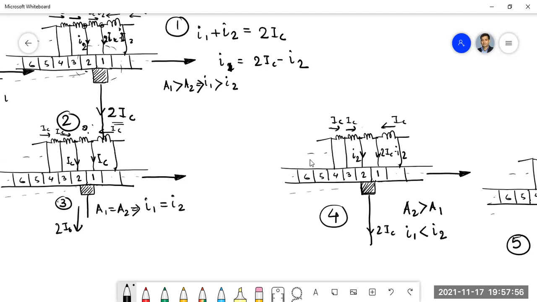And in which direction will the current flow? Towards right. If we apply KCL at the left node.